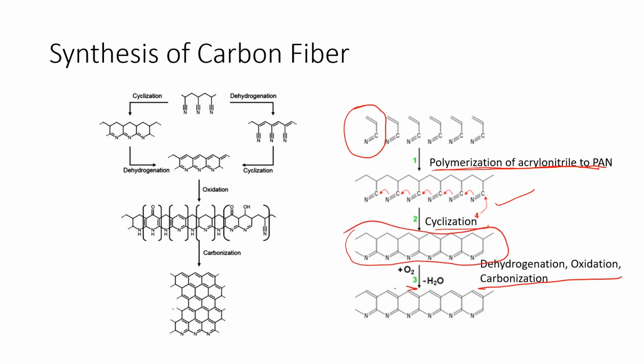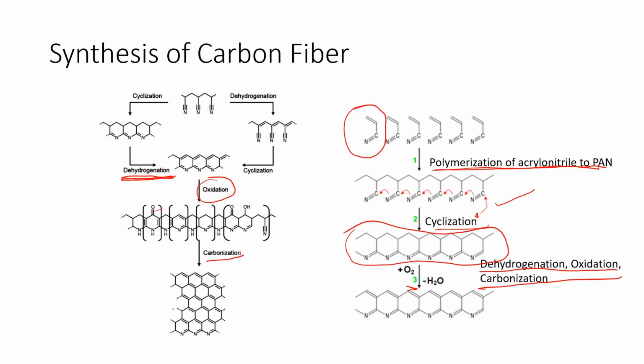In the third step, this is the combination of dehydrogenation, oxidation, and carbonization. Just come to the left hand side. This is the dehydrogenation. Dehydrogenation means that these hydrogens here will be removed, so we will get the double bond in this position. The first step is the dehydrogenation, followed by oxidation, where we get this double bonded oxygen atom, and finally the carbonization to get the carbon fiber.